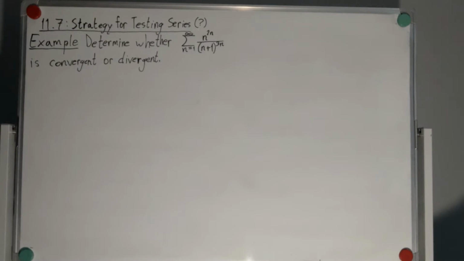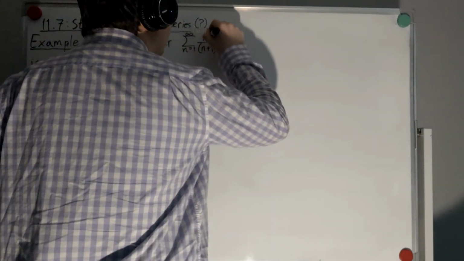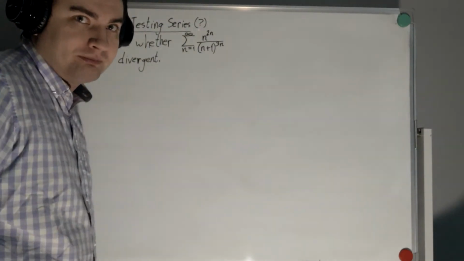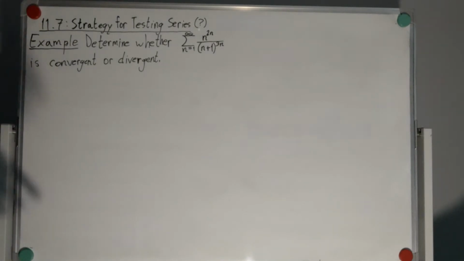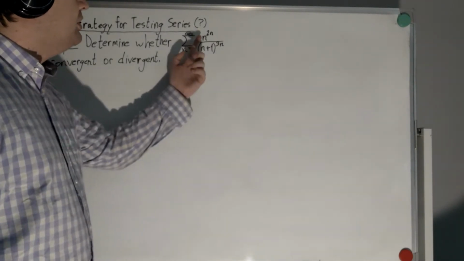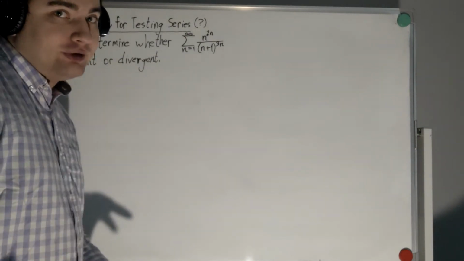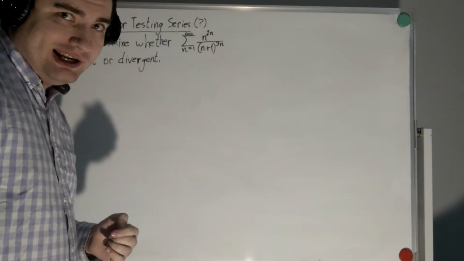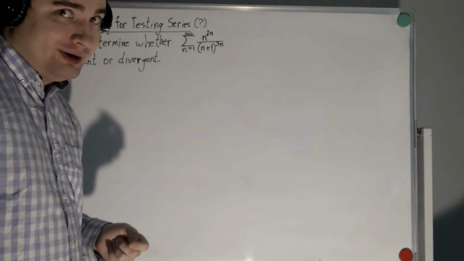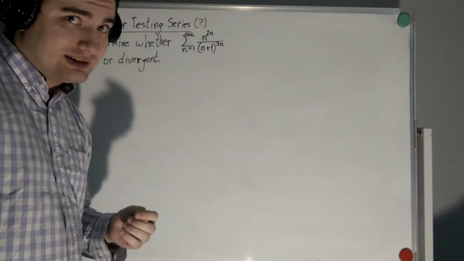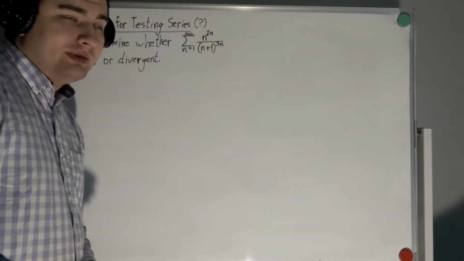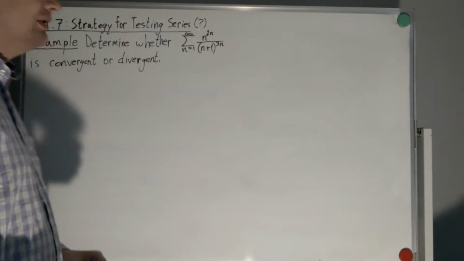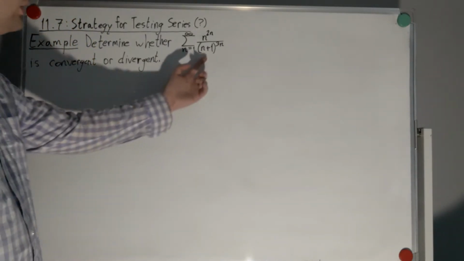Well, that's a pretty complicated function, because the numerator and the denominator individually increase very quickly. When n is 1, this becomes 1 to the 2. When n is 2, it's now 2 to the 4. When n is 3, it's now 3 to the 6, which is already pretty huge. By the time n gets to 5, it's going to be 5 to the 10, which is enormous. And the bottom is also growing very quickly too.